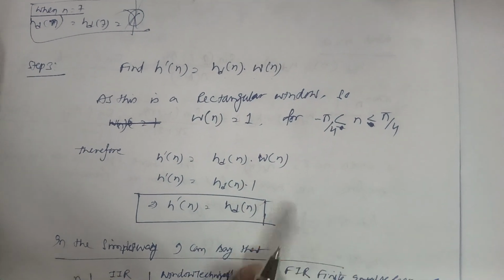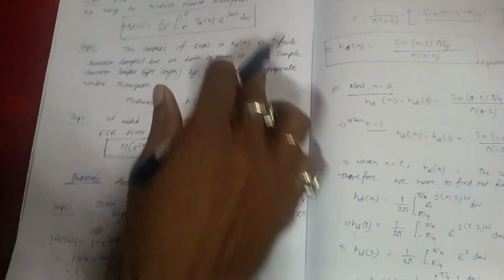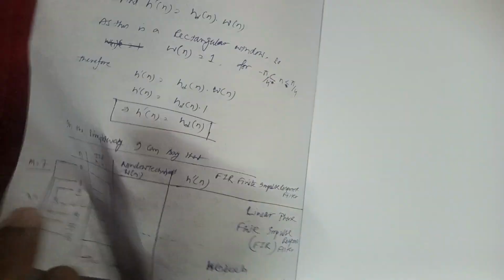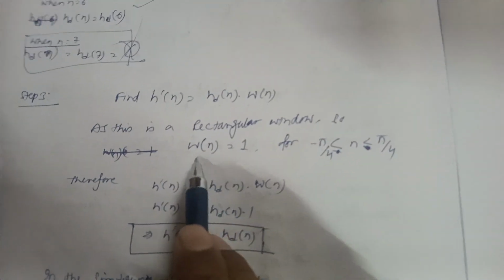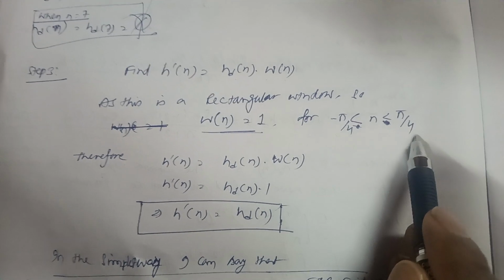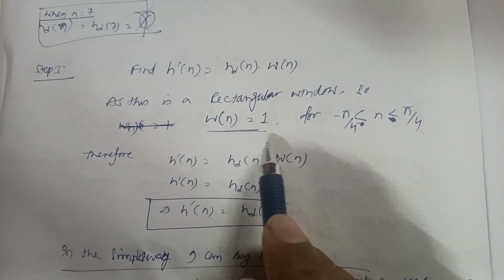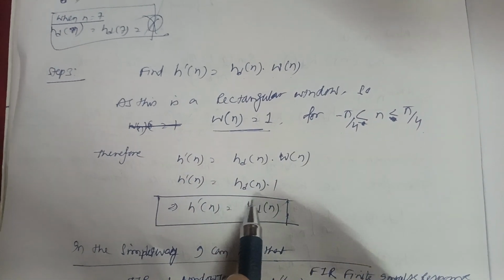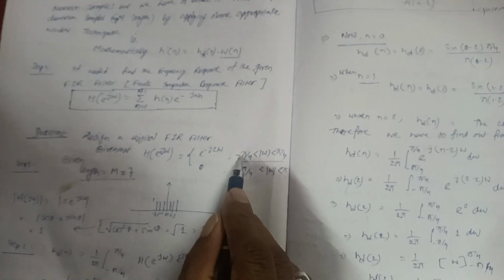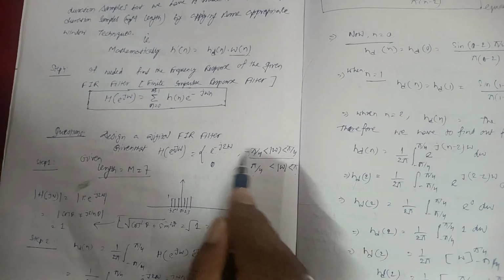Now, as I am going to talk about the rectangular window, any window technique you take, here I have taken the rectangular window. The rectangular window w of n is 1 for minus 5 by 4 to 5 by 4, and 0 otherwise. So we have taken h dash n equals hd of n into w of n, because this exists only from minus 5 by 4 to 5 by 4.